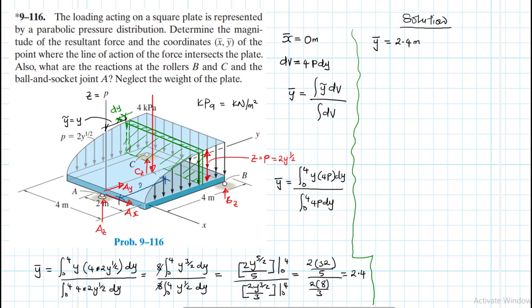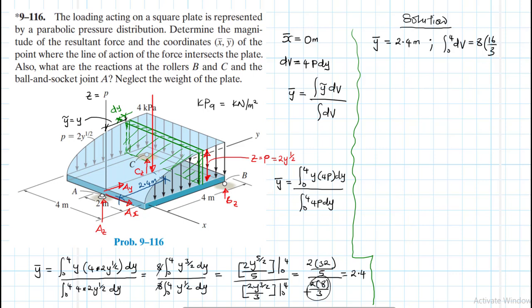Its position is 2.4 meters in the y-axis. Okay. And then we said the force itself, integral from 0 to 4 of dv. Mind you, we had cancelled out the 8 there, so the 8 will be there like that, then times 16 over 3.